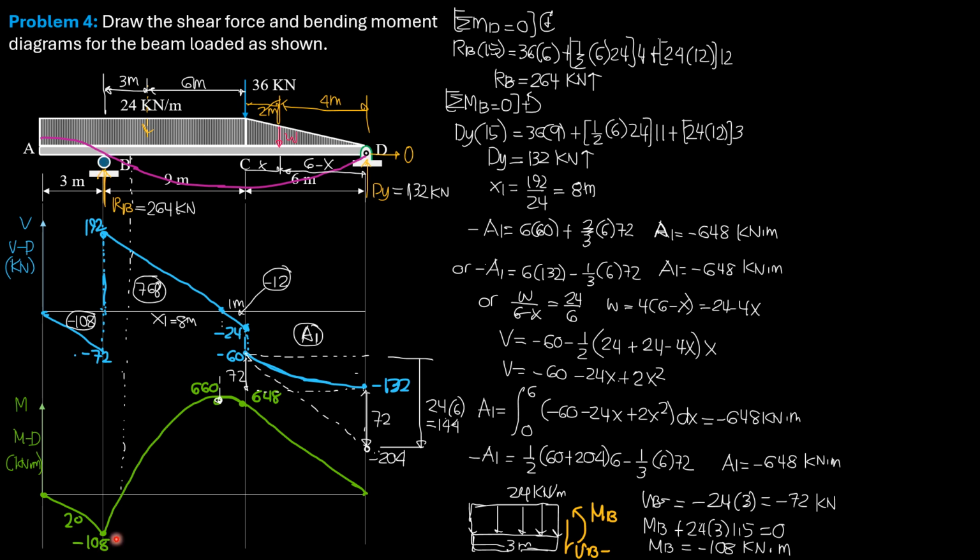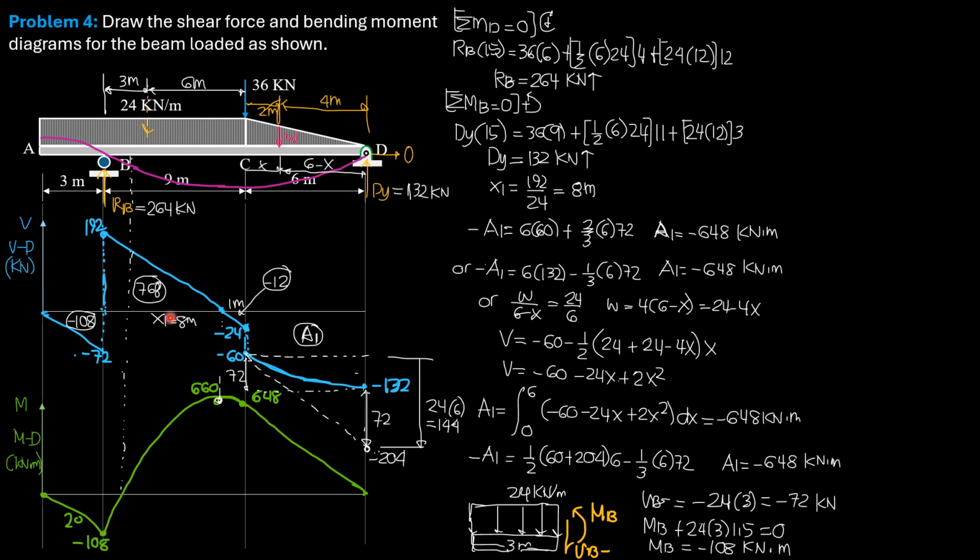And we draw the free body diagram again to show that the moment just to the left or even at B is negative 108. The area here is negative 108. So this is second degree, negative 108, because the tangent is horizontal first, 0 shear to negative 72. So all you have to do is join those 2 points with the horizontal tangent to negative slope with a smooth curve, second degree curve. So that's why it looks like that.